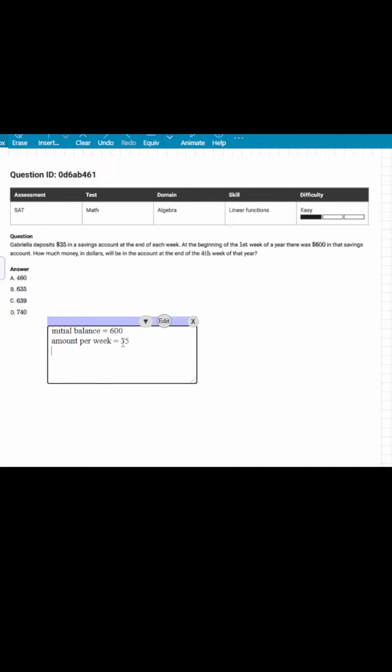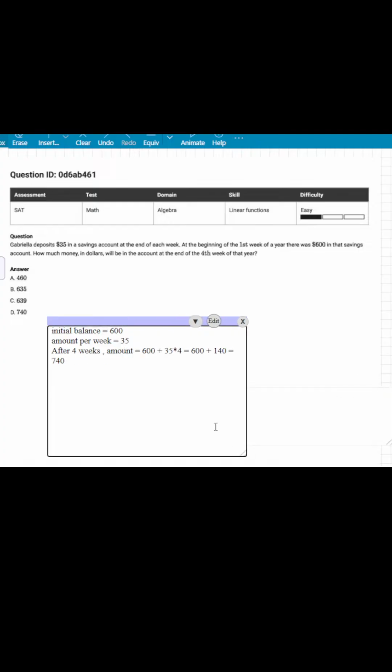And then after 4 weeks, the amount will be 600 plus 35 multiplied by 4, so that will be 600 plus 140, so that will be $740. So let me write this. Okay, so our answer would be this one, 740, D.